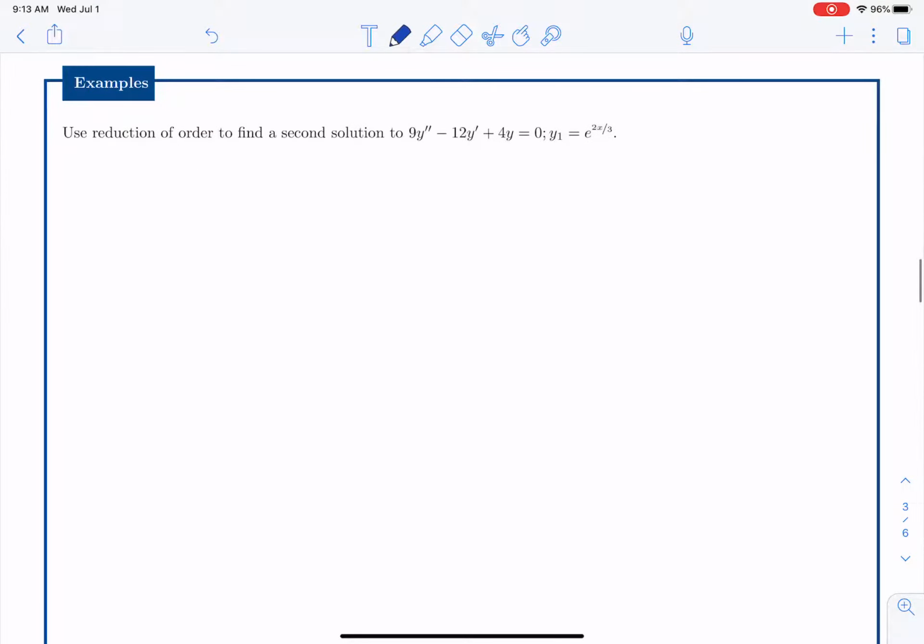So here is another second order equation. The right hand side is 0, but the leading coefficient here is 9. So we have to rewrite it as y double prime minus 12 over 9 y prime plus 4 over 9 y equals 0, which would reduce to y double prime minus 4 over 3 y prime plus 4 over 9 y equals 0.